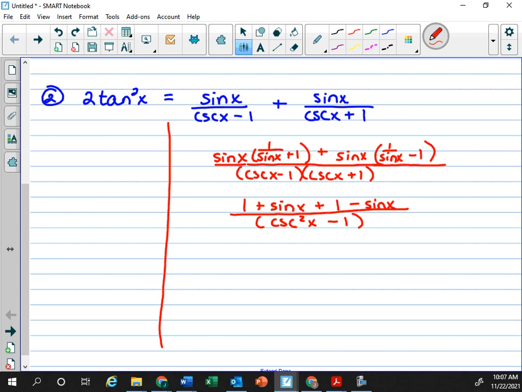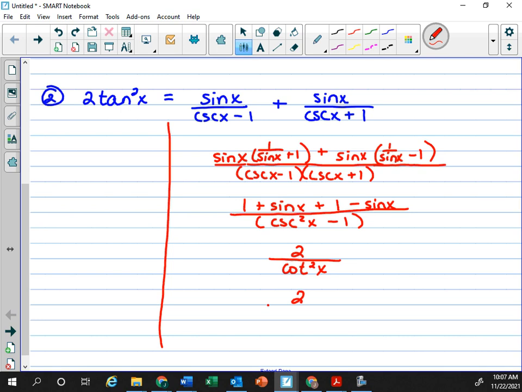What's really left in my numerator now? 2. And Pythagorean identity, what is cosecant squared minus 1? Okay. You can absolutely go straight from that to 2 tangent squared.